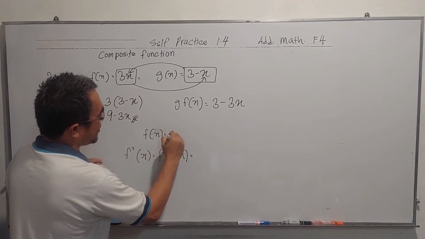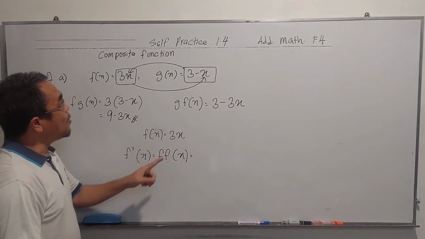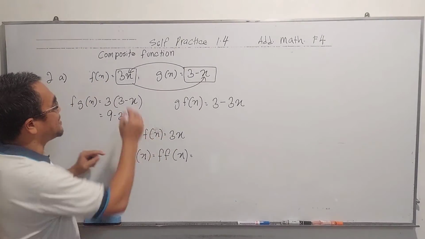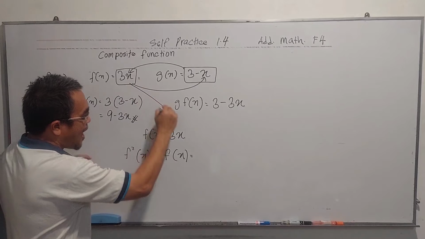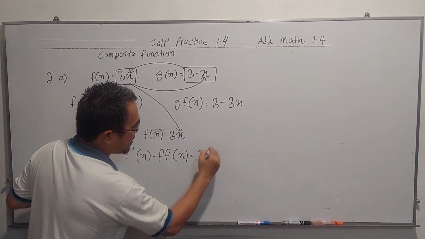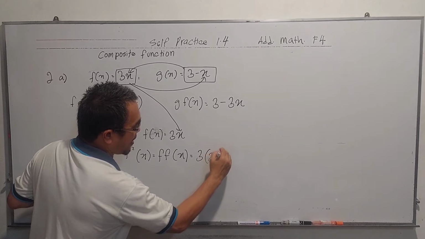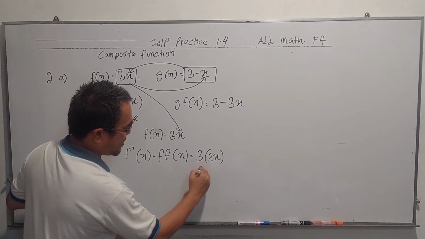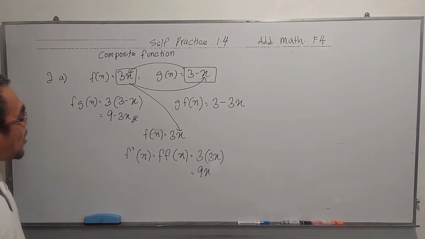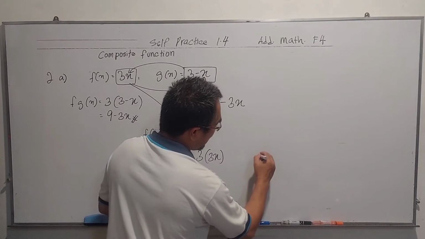That is 3x. So now you have to replace f inside f where x is. The box here, I remove it here. So it becomes 3 bracket 3x, which is 9x.